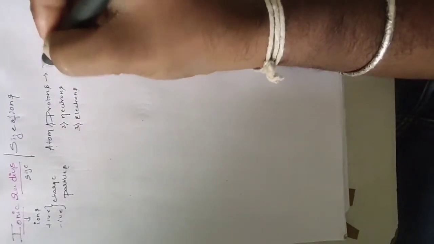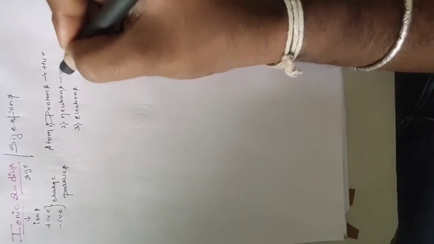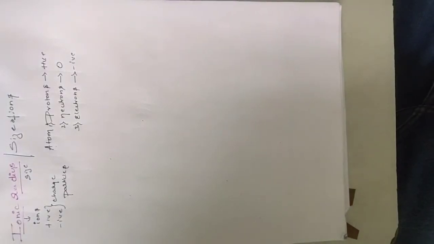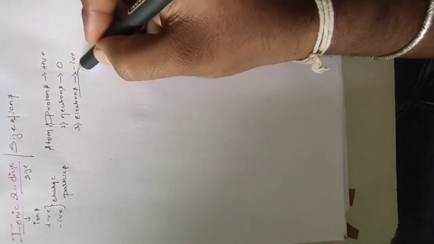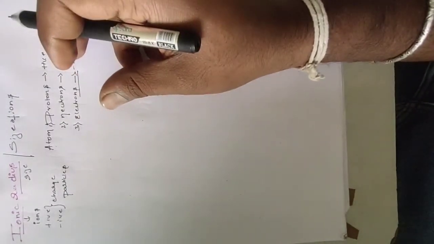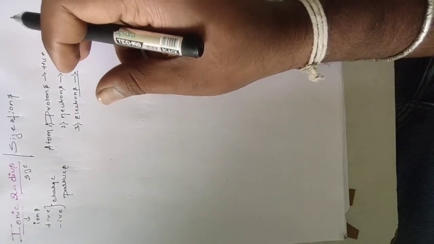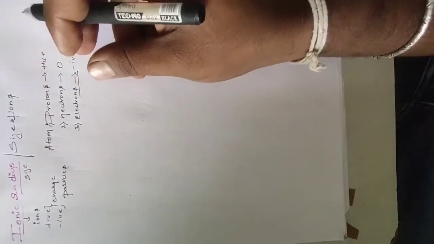Protons have a positive charge, neutrons are neutral, that is zero, and electrons have a negative charge. The electrons are the ones participating in chemical reactions. An atom has a tendency to lose electrons or gain electrons.